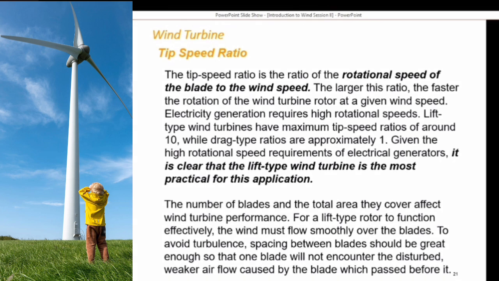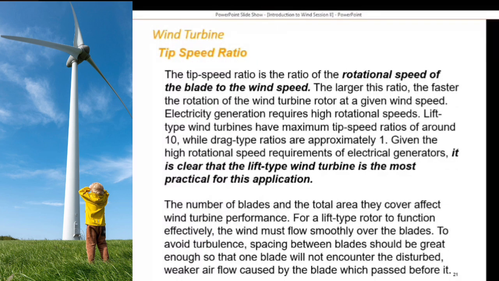Keep in mind, the wind itself has a speed, and it will cause the rotation of a blade. So the larger that ratio, the faster the rotation of the rotor at a given wind speed.